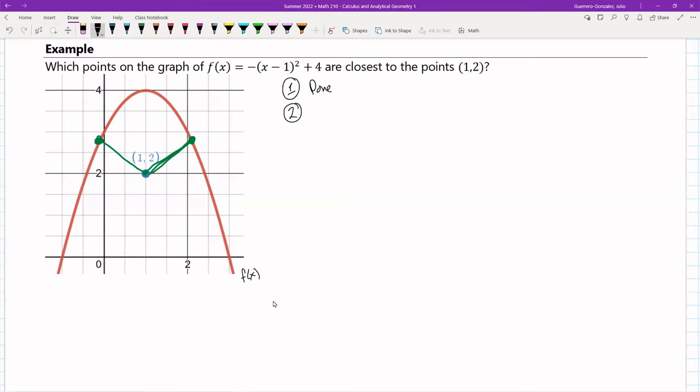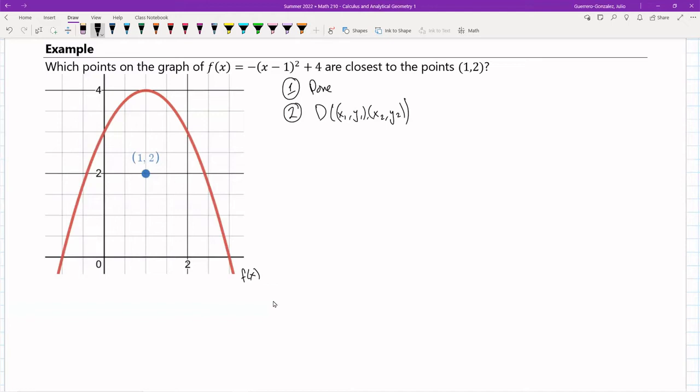One of the equations that I'm going to have to pull out from your geometry days is this one. Let's say you had a point x1, y1, and another point x2, y2.